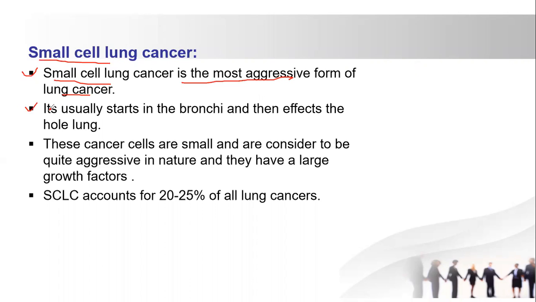The second point is that it usually starts in the bronchi and then eventually affects the whole lungs. And the third point is that these cancer cells are small, therefore it is called small cell lung cancer, and they are considered quite aggressive.